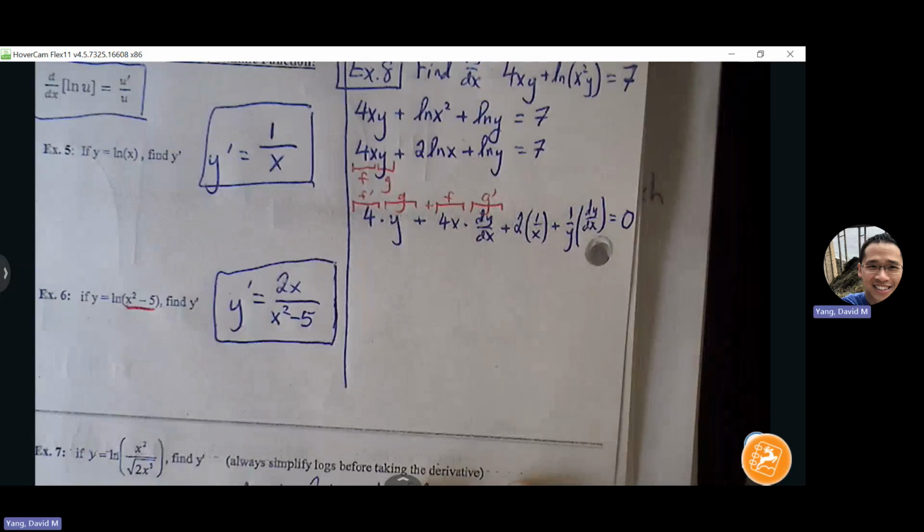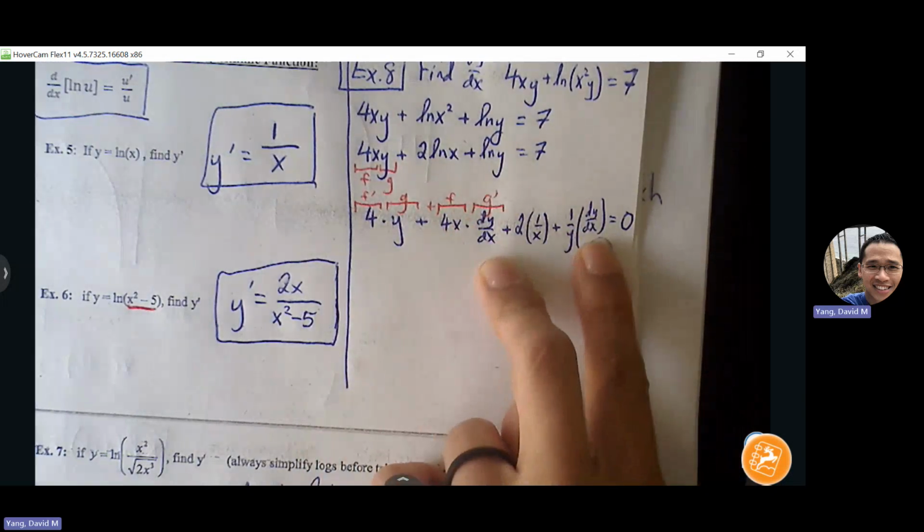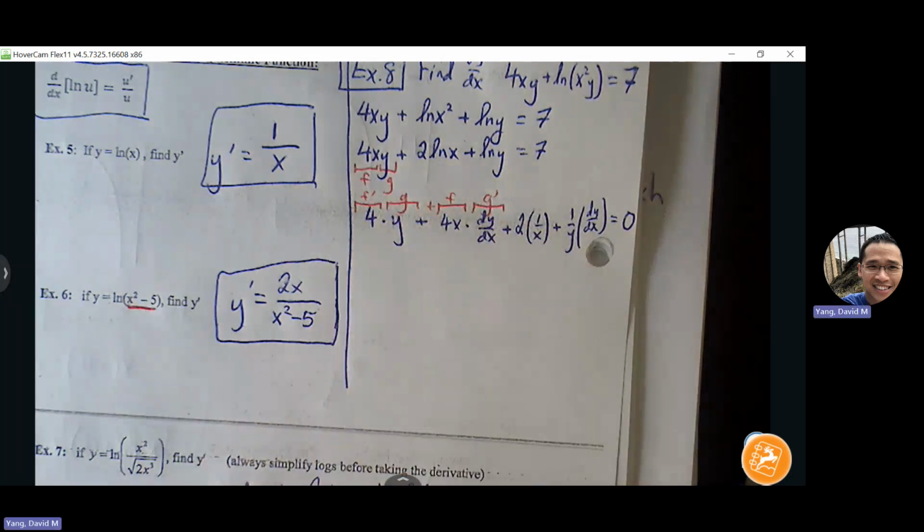Okay, so now we're just trying to clean things up here. We expected 2 dy dx's, and we did see those showing up. But now I'm just going to add and subtract in a way where I can factor the dy dx out and then move everything over to the other side.